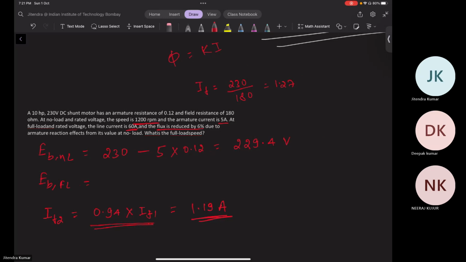So if that is the case, then it is better to not include the current at all. Let us not include the current since we are directly given the flux. So phi 2 is given as 0.94 phi 1.